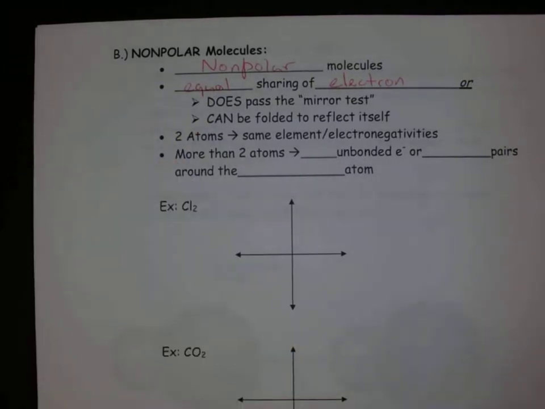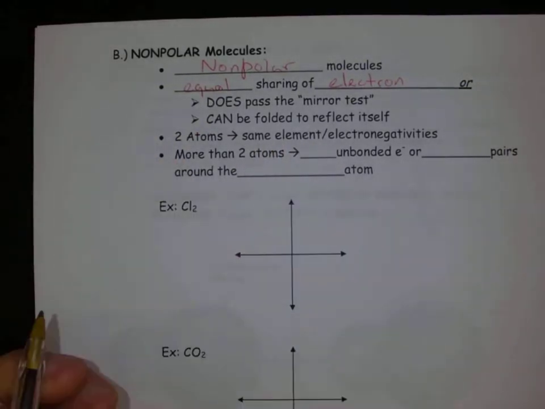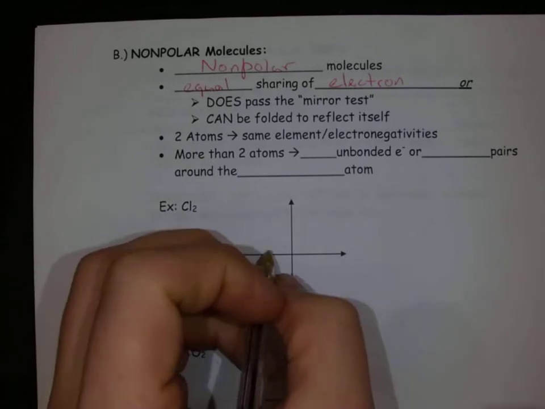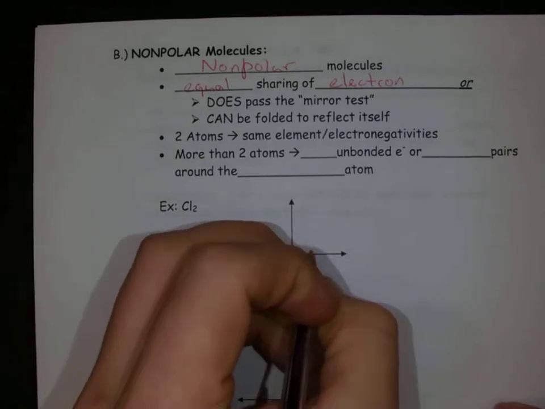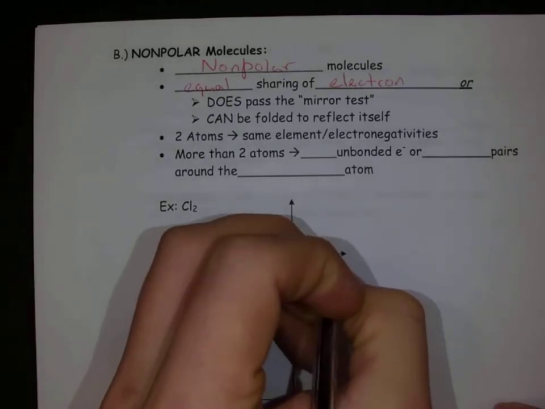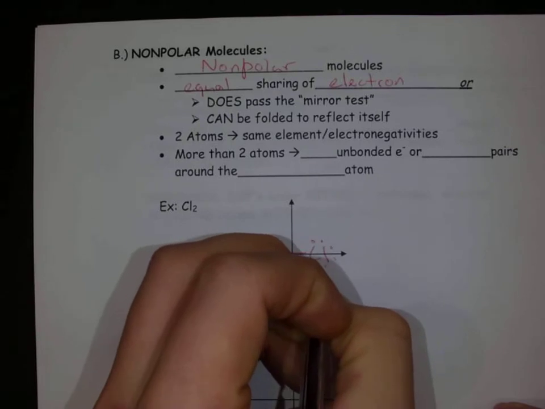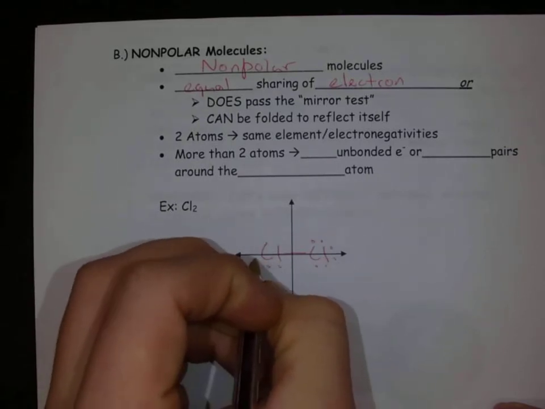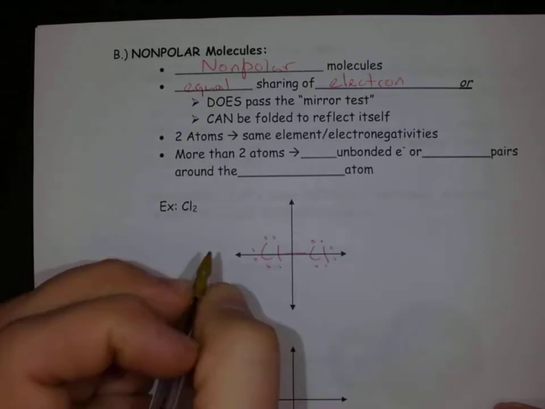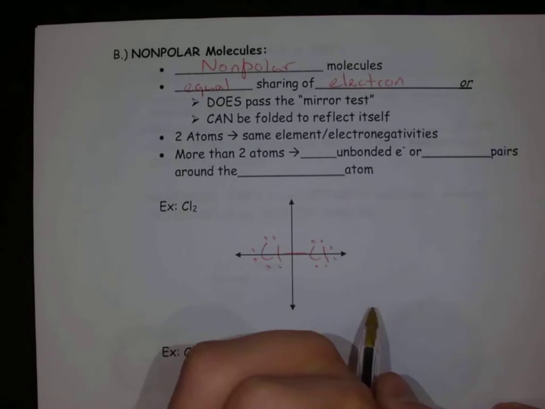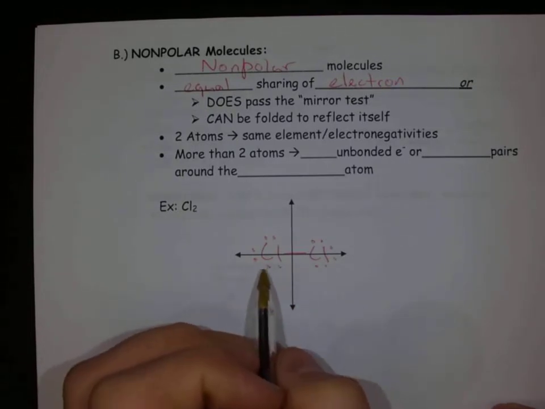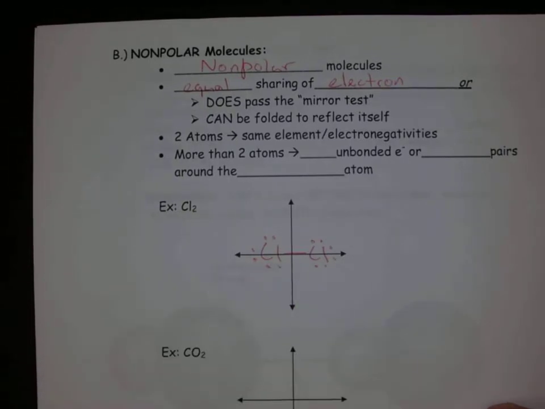So if we have two atoms, it has to be the same element. So let's look at Cl2 here. Cl2, we're going to have a single bond between chlorine, and we see, okay, yes, there's going to be an equal sharing of the electrons between the two sides, right? They're the same element, okay?